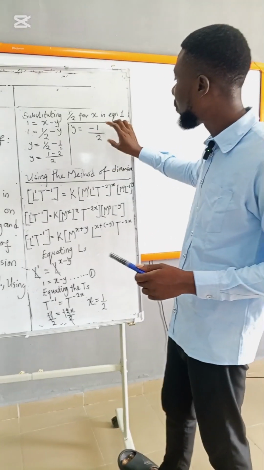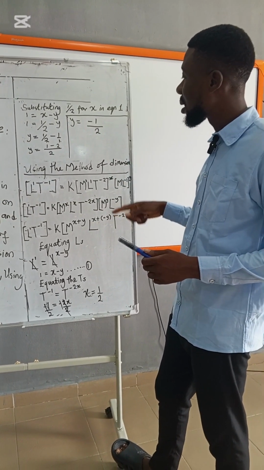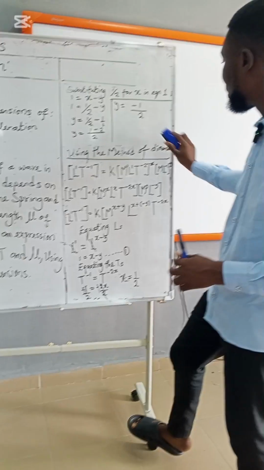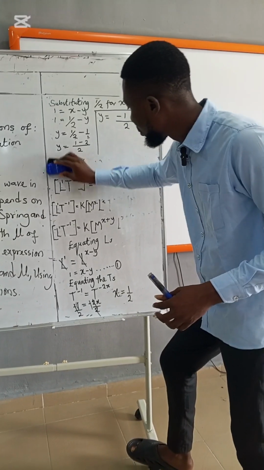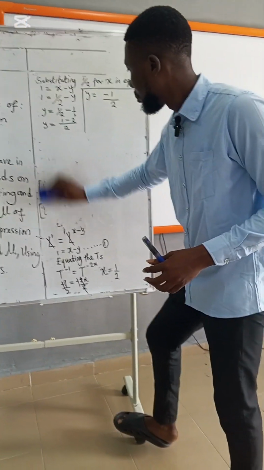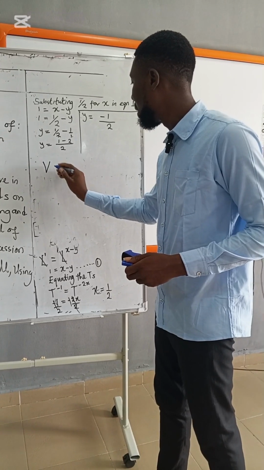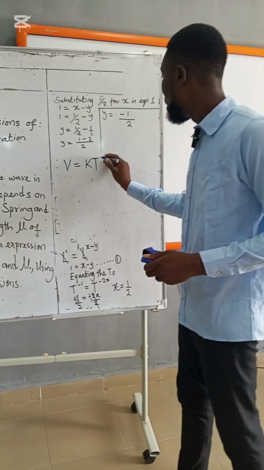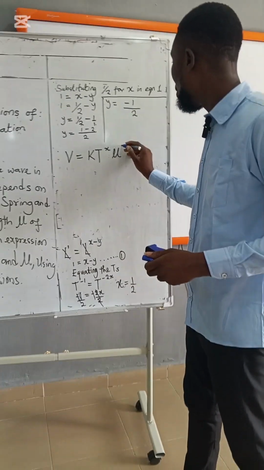Now knowing that this is the value for y and we have also gotten the value for x, we are then going to substitute it into that box. Remember the box that we had that I just erased. Let me bring back the box. Now the box we had, v is equal to k t to the power x and mu to the power y.